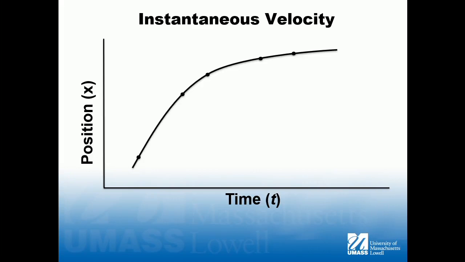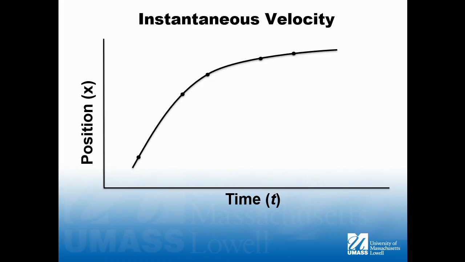Someone tell me whether this thing is speeding up or slowing down. Why? What's happening to the slope? The slope has decreased. Slope being the velocity, that must be decreased.